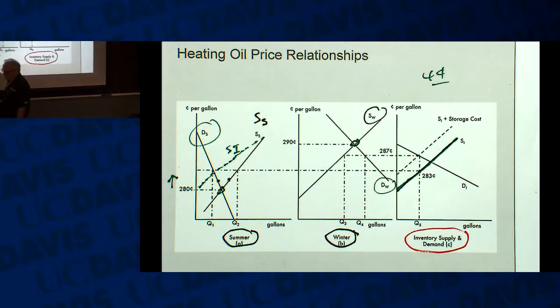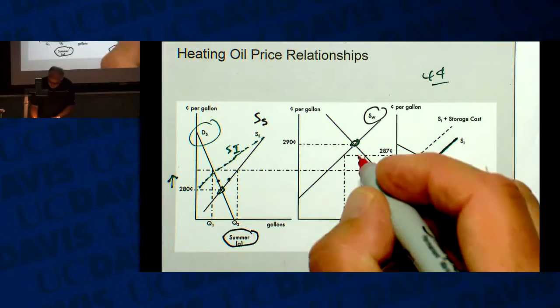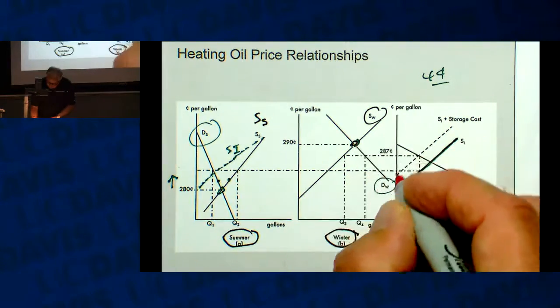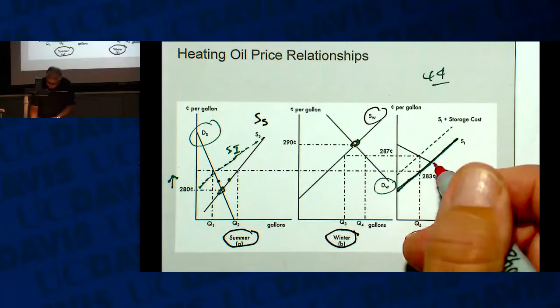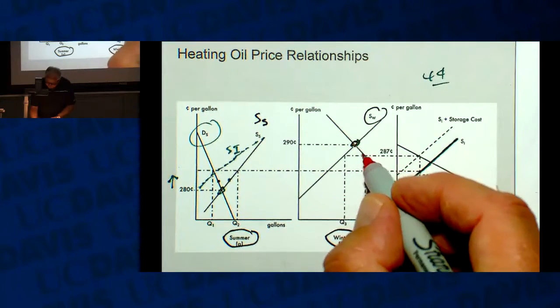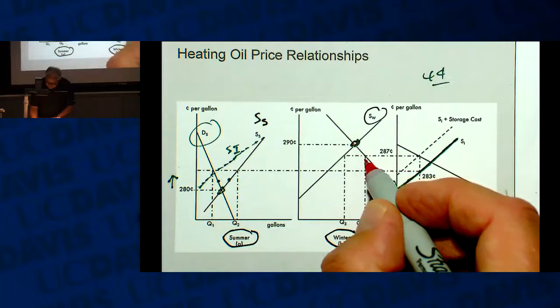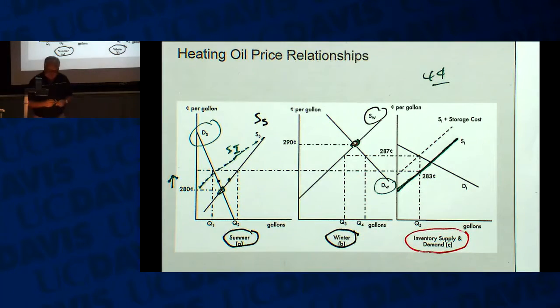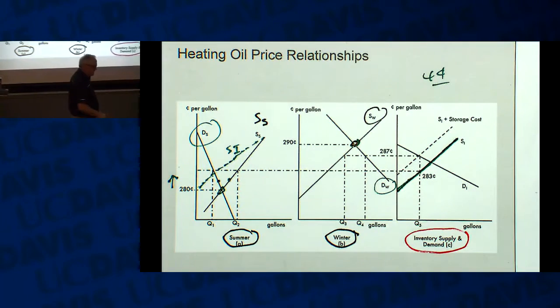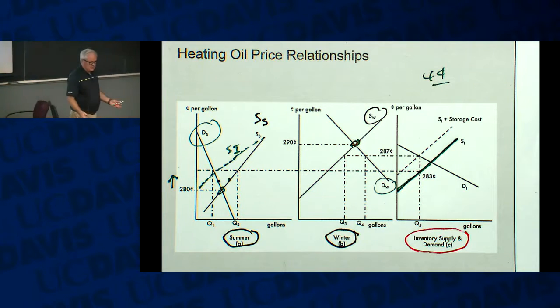And if there were no storage costs, then when we look in the winter, the difference between the demand and the supply is going to become important if the price is below 290. If the price is at 290 in the wintertime, then demand equals supply, and there's no demand.